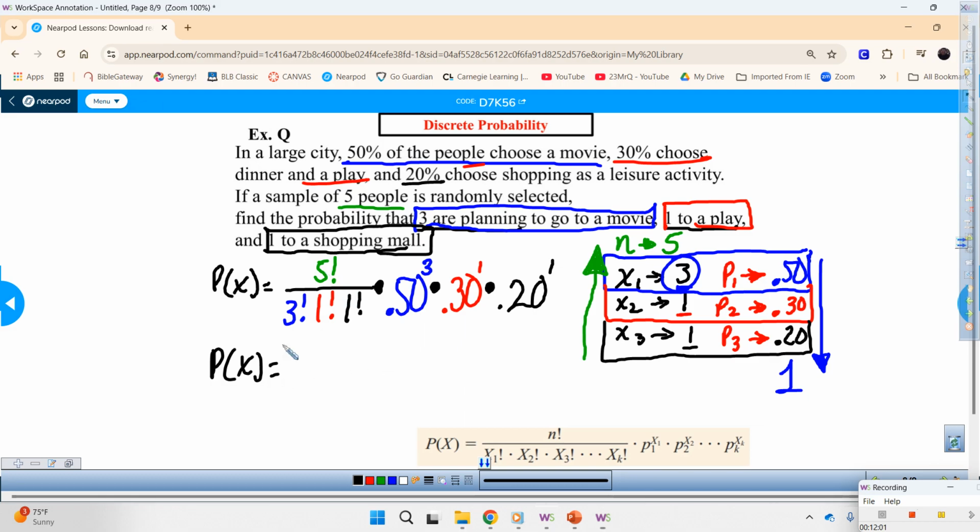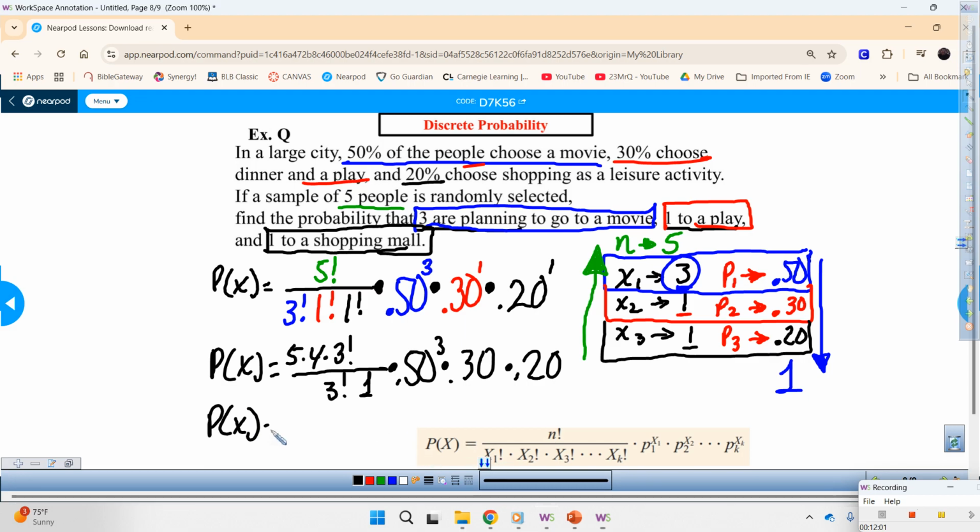All right, so 5 factorial is 5 times 4 times 3 factorial over 3 factorial, and then 1 factorial. 1 factorial is just 1, times 0.50 to the third times 0.30 times 0.20. So P of X is, we get rid of the 3 factorials, that leaves us with 20, which is this, over 1 is still 20, times 0.50 to the third, 0.30, 0.20.